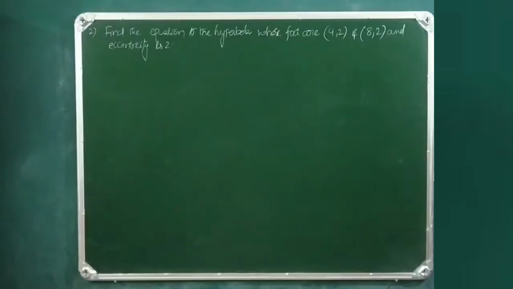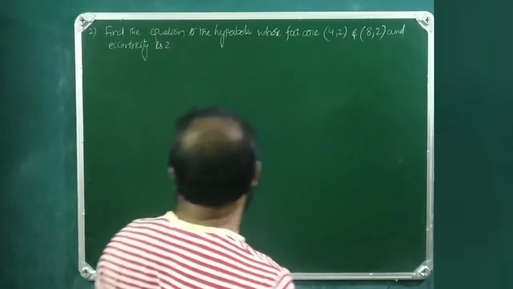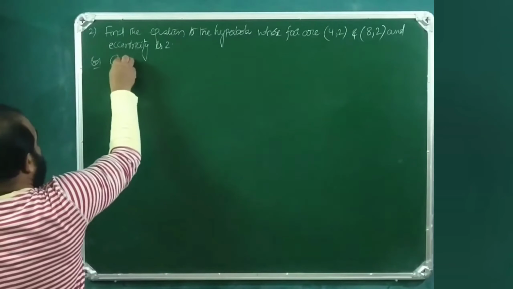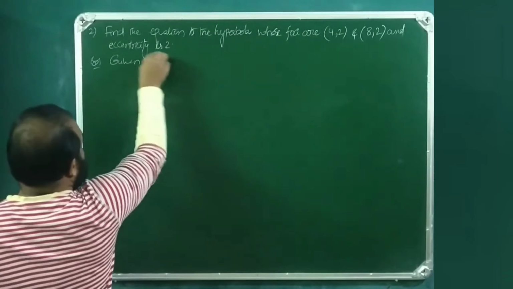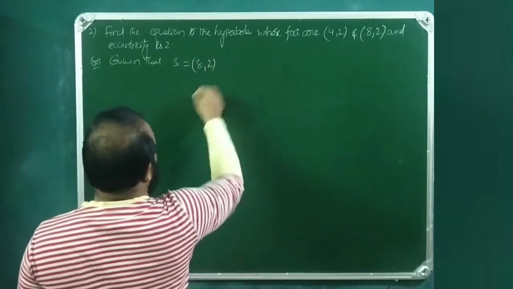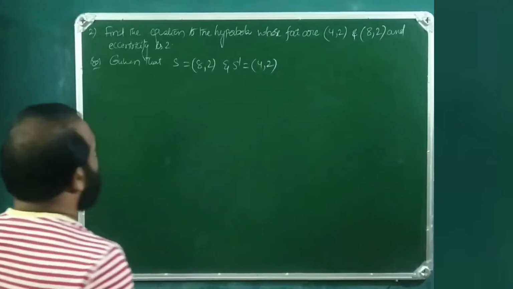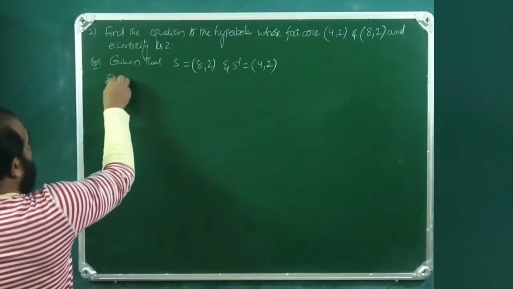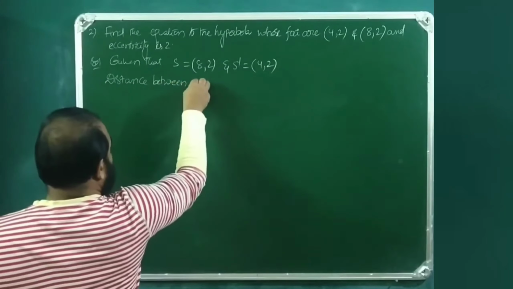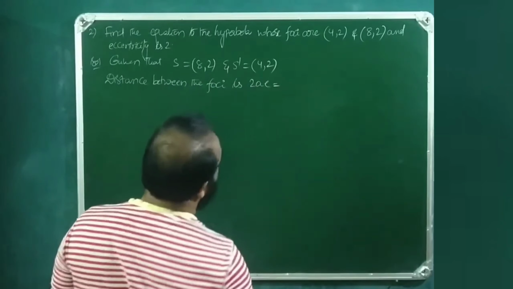Find the equation to the hyperbola whose foci are (4, 2), (8, 2) and eccentricity is 2. Given that S is (8, 2), S dash is (4, 2). We know that the distance between the foci is 2ae.